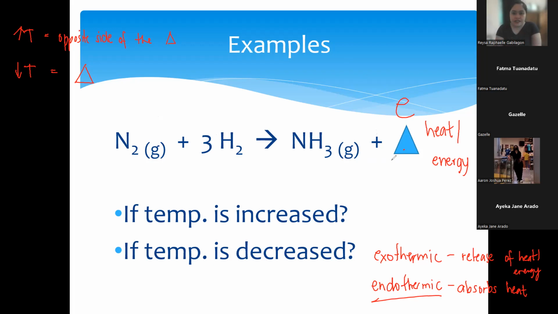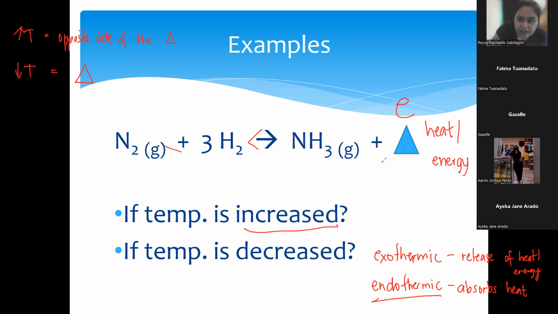So if this equilibrium is disturbed because there is an increase in temperature, where do you think will the direction of the reaction shift? Saan papunta? Saan yung i-favor niya na reaction? Kulang yung arrow ko. This is class irreversible reaction. So, increase daw. Ano nga sabi? Pag mag-increase ang temperature, opposite ng side where you can see the heat or the energy.